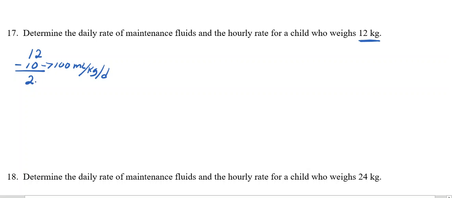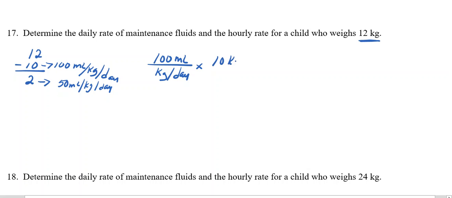This falls in the second 10 kilograms because it's more than 10, and she's going to get 50 milliliters per kilogram per day for the 2 kilograms she's over the first 10. So I'm going to write this one a little differently. 100 milliliters per kilogram per day times the first 10 kilograms of her weight. The kilograms cancel, and 100 times 10 gives me 1,000 milliliters per day.